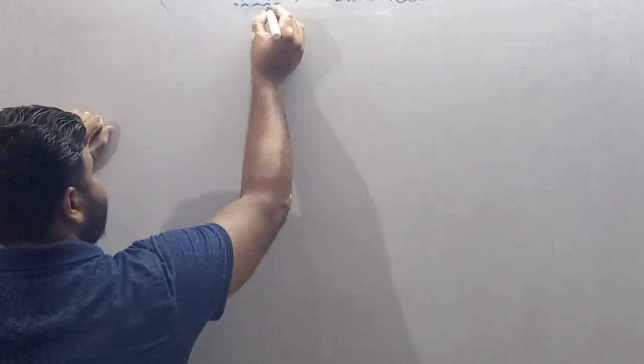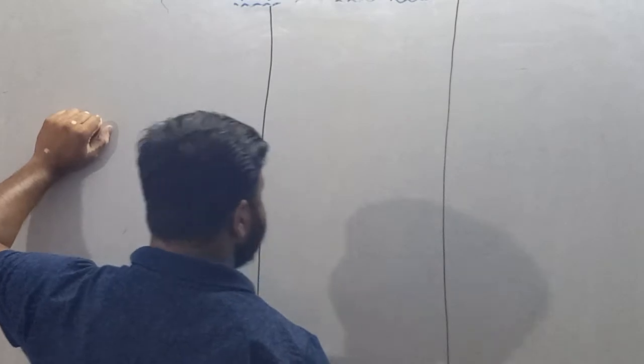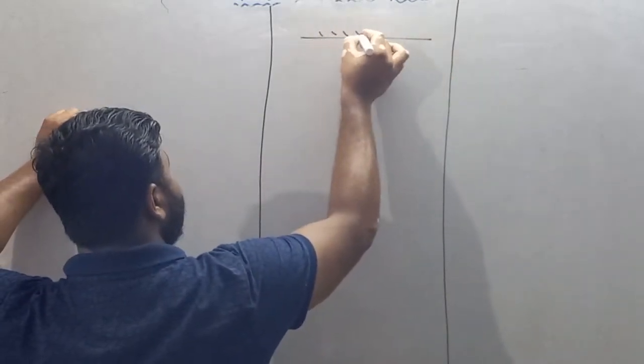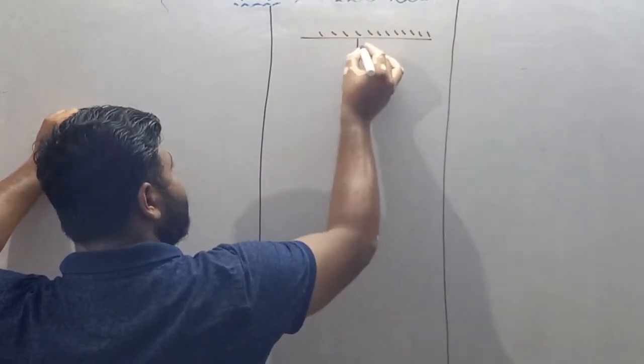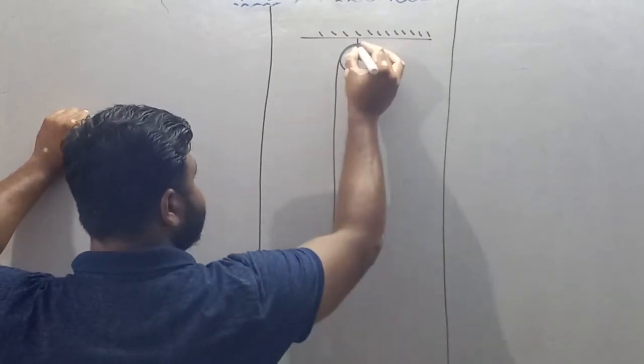So see, my dear student, it is like this. Let's suppose on both sides, now two blocks are there. The figure is like this.